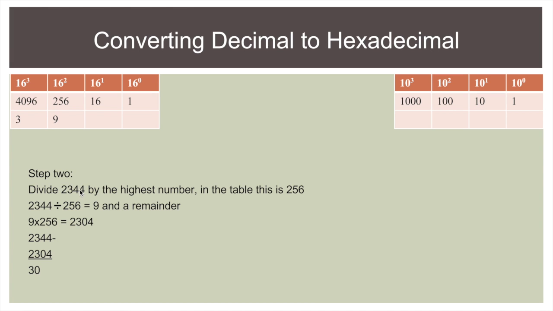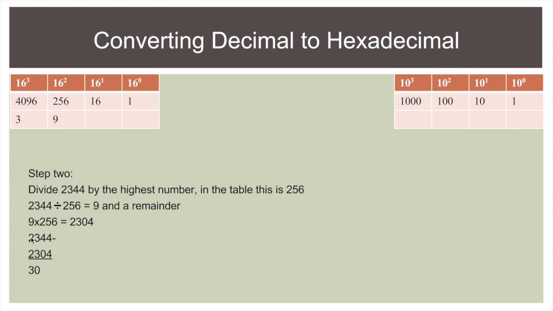So dividing 2344 by the next number, by 256, we get 9. So 2344 divided by 256 equals 9, and some remainder. So to work out what the remainder is, we do 9 times 256, and that's 2,304.